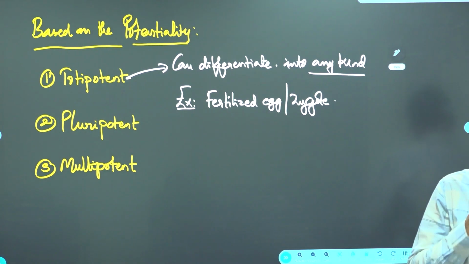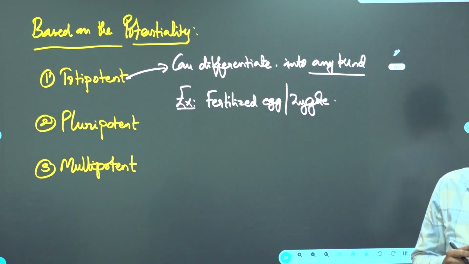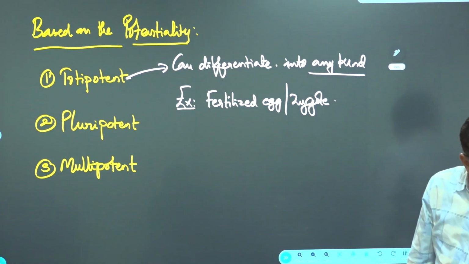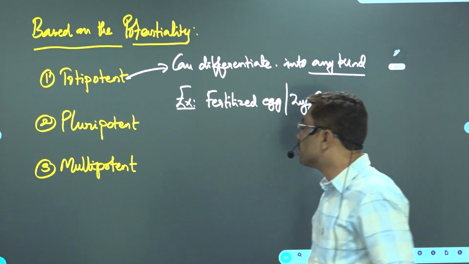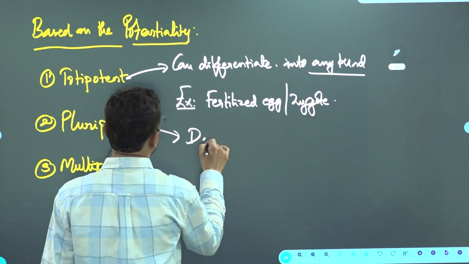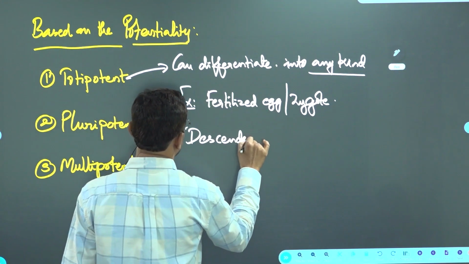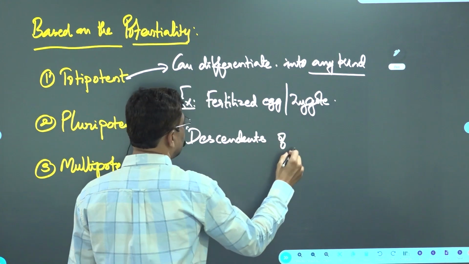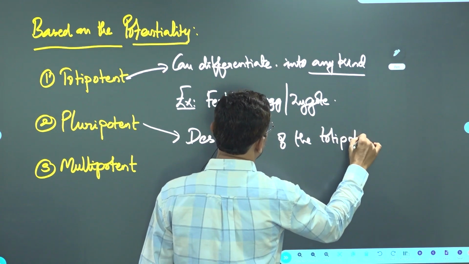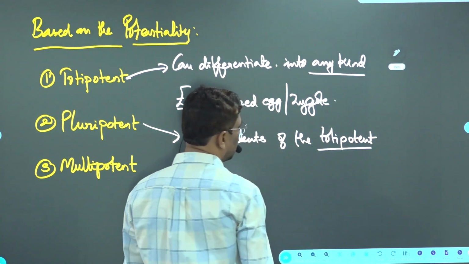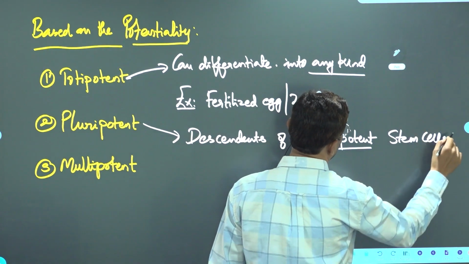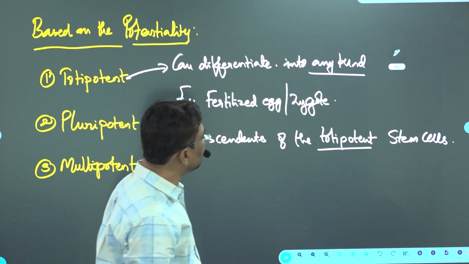Next, pluripotent stem cells. These are the descendants of the totipotent stem cells.